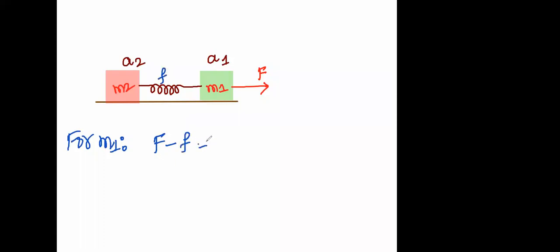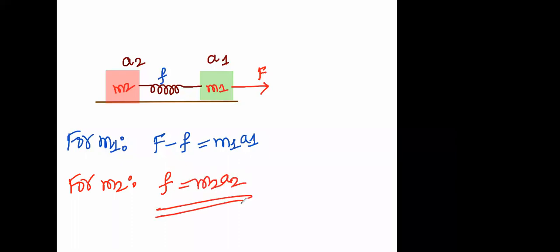Applied force minus opposing force is equal to M1A1. And for the second block of mass M2, F is equal to M2A2. These are the cases. Okay.